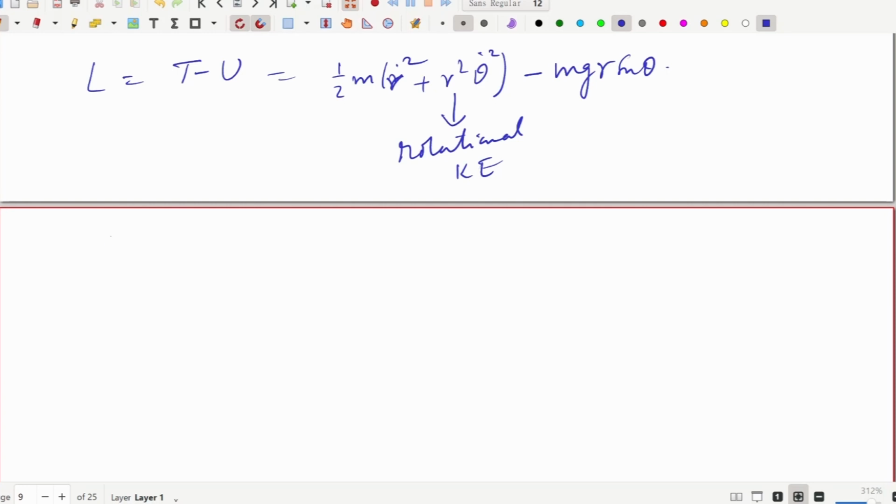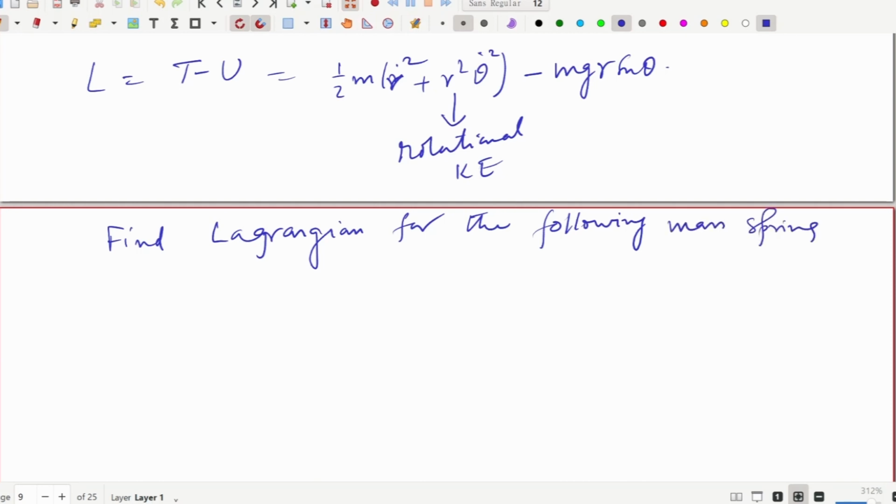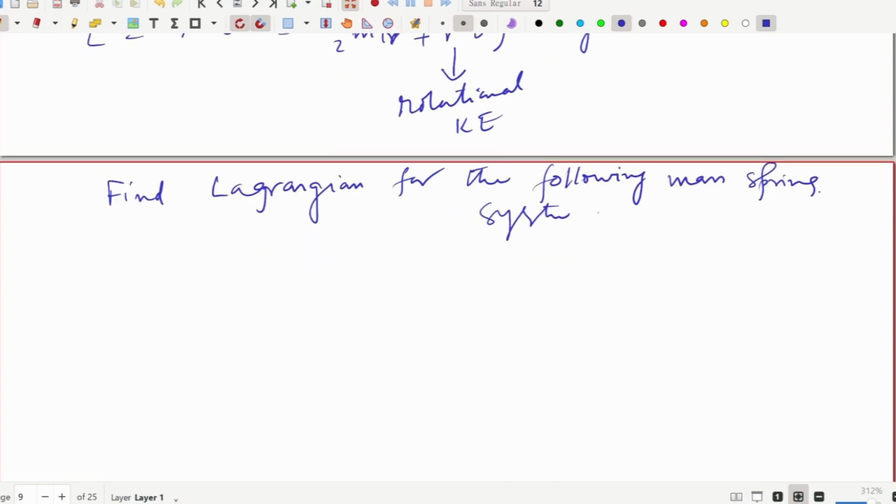Let us move to some more problems, because from the next class, lecture 18, we will start new topics, symmetries and conservation laws, but today we will concentrate on a few more, bit complicated problems. I will suggest that you solve these problems. Find the Lagrangian.